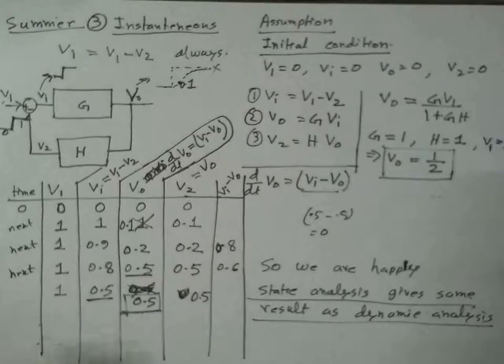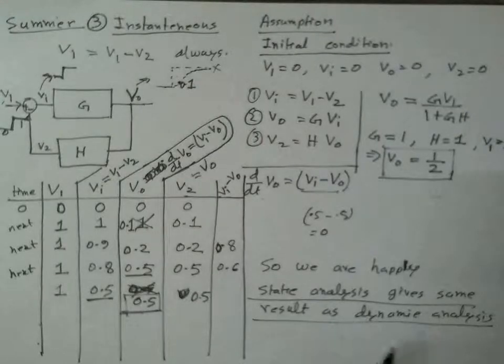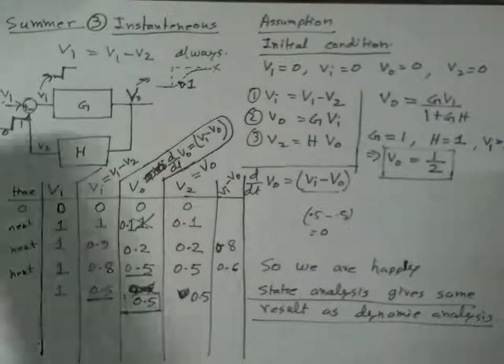Okay, now in this case we are happy because static analysis and the dynamic analysis give the same result, but this is not always true. This is not true for all situations. Let us see such a situation. I would rather say half of the times this is true and half of the time this is not true, and we will see one example from the other half of the times.